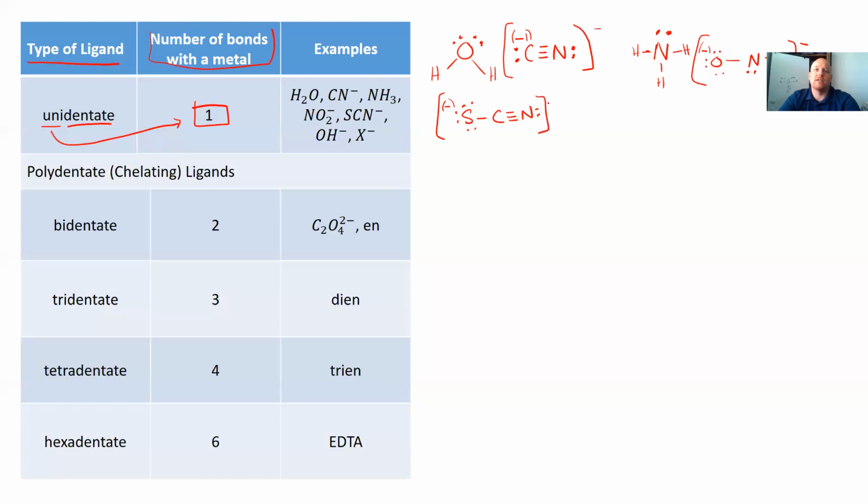With thiocyanate, you can think about the structure in one of two ways, with the formal charge of -1 either on the sulfur or on the nitrogen, and depending upon what it's bonded to, it may take preferentially one of those forms.